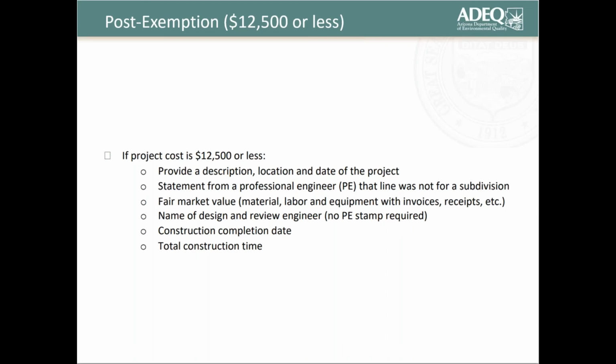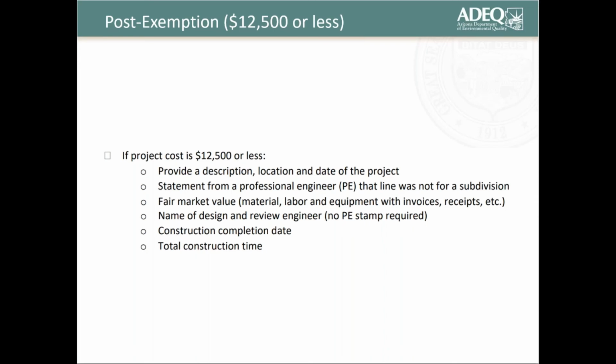The second bullet point is usually done during the pre-exemption, but we will review to make sure that it's not for a subdivision. The fair market value, so that includes all the material, labor, equipment, and it's supported with invoices and receipts or other proof of payment. And then the name of the design and review engineer, who does not have to be a professional engineer in this case.